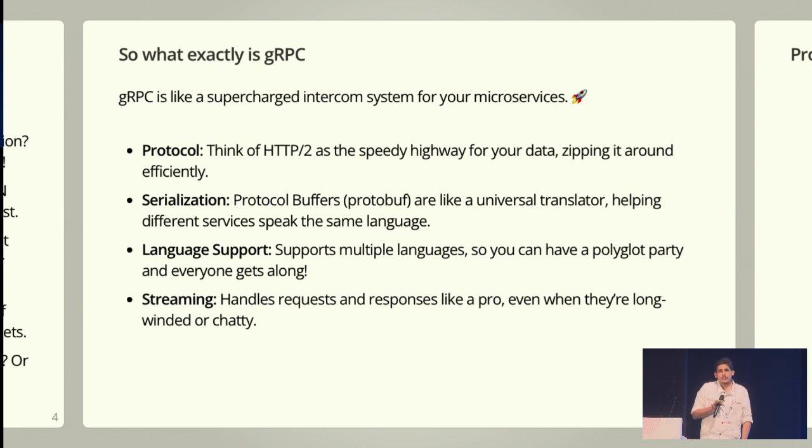And the best part is that since it's an RPC, a remote procedure call, the integration is much nicer. For example, if you've written a gRPC service in Go and you're calling it from Python and there's an error on the server, you'll get it as an exception directly. So you don't have to worry about status code checks and payload validations. It's native to the language.